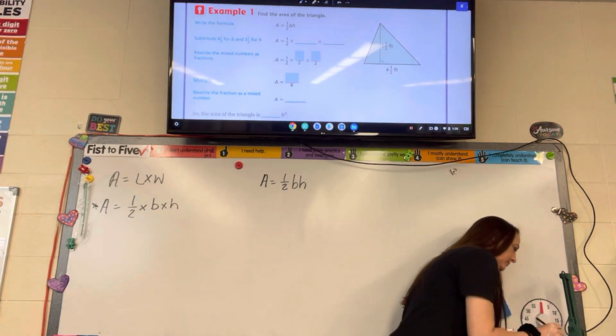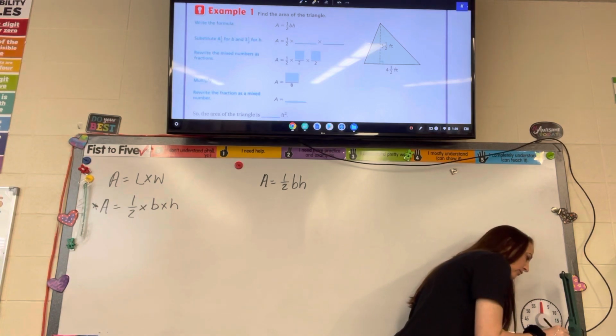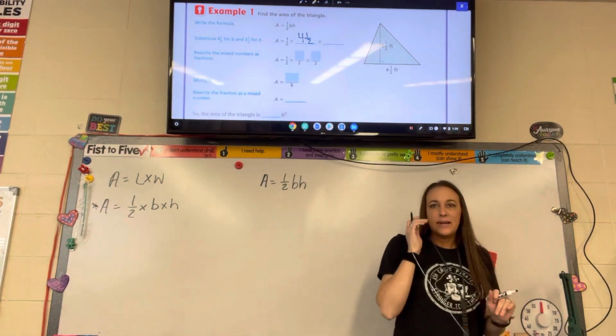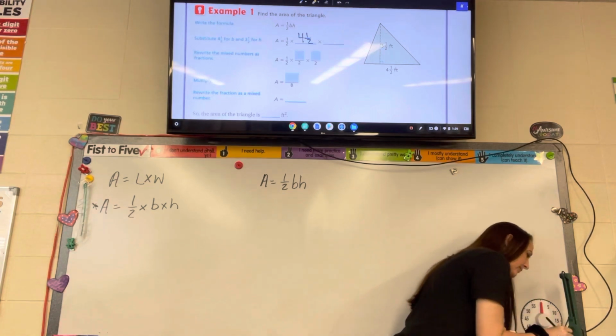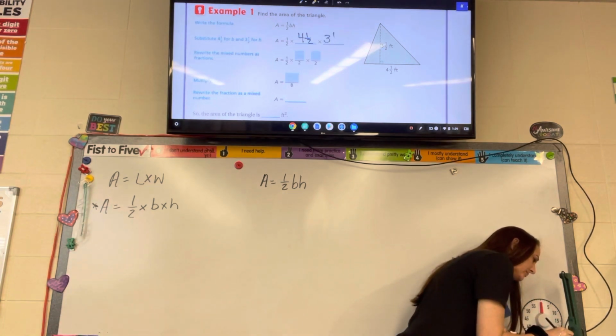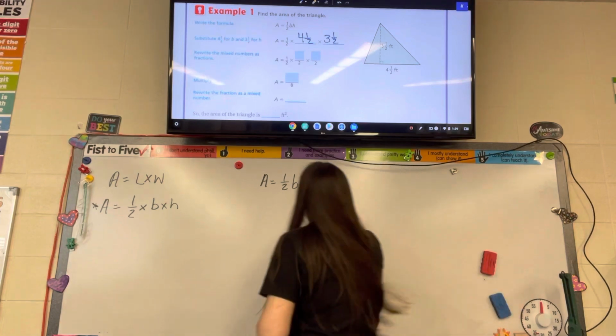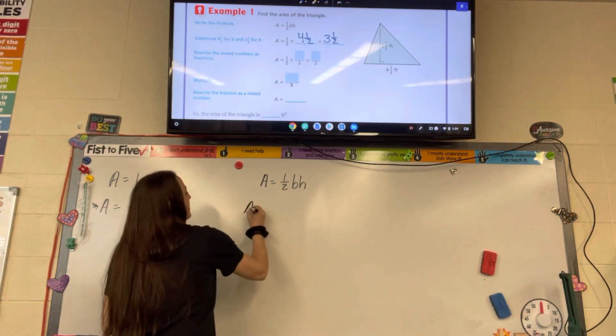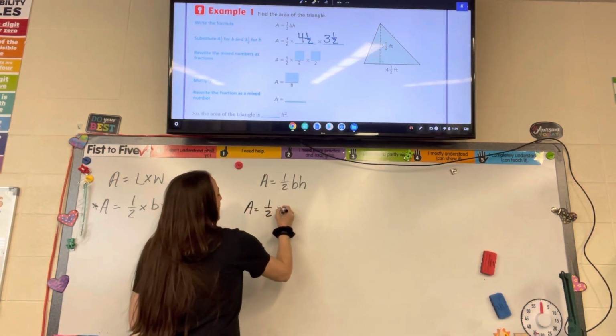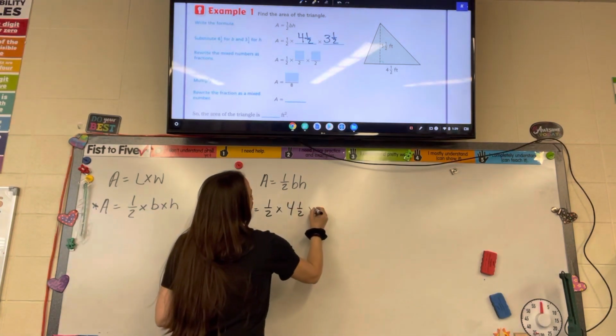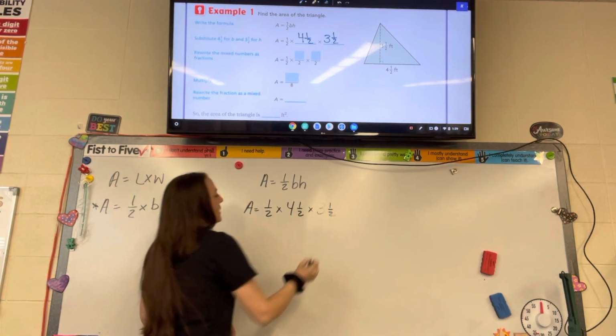Reese? 4 1/2 feet. 4.5 feet. And what is the height, Natalie? 3.5 feet. So we have area equals 1/2 times 4.5 times 3.5, right?